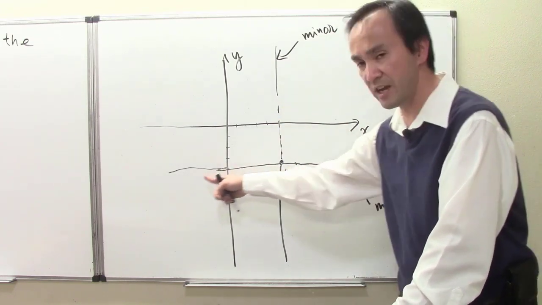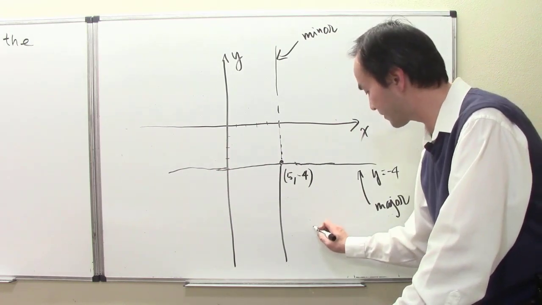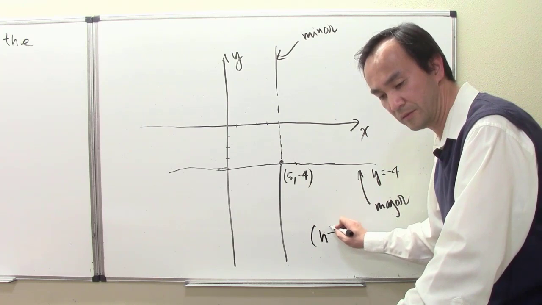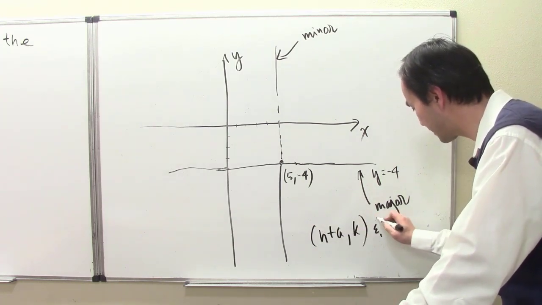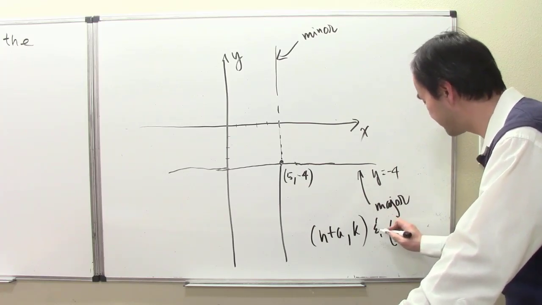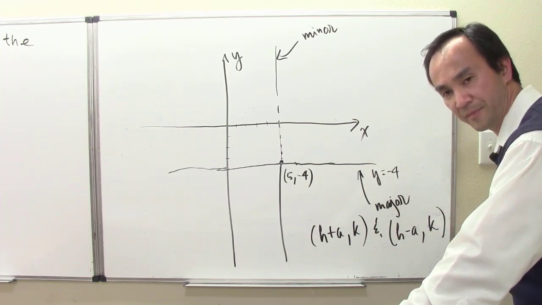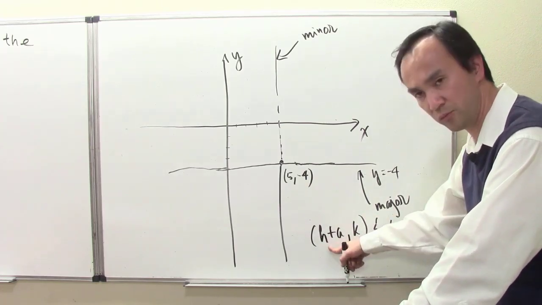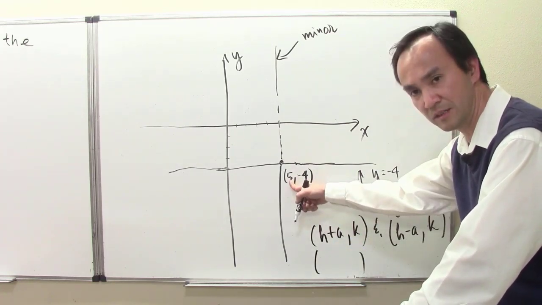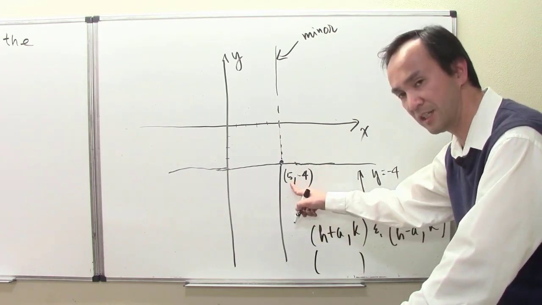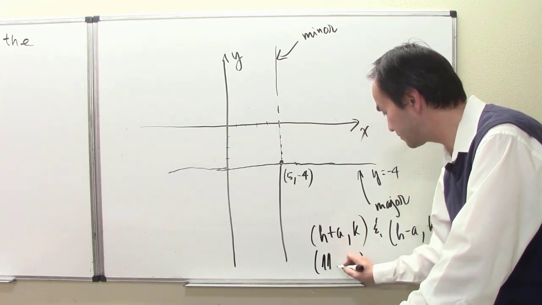So let's put down the intercepts on the major axis first. The formula for calculating it is h plus a comma k, and the other point, h minus a comma k. All right, and so in this case, our h was listed on the other board, and it's right here, this is our h value, and so it's 5 plus, and our a value was 6, so that's making it 11.